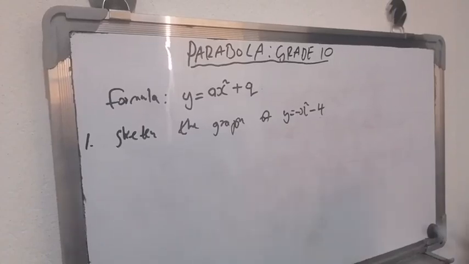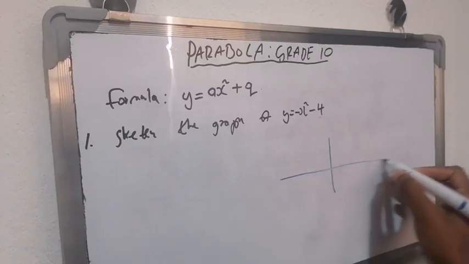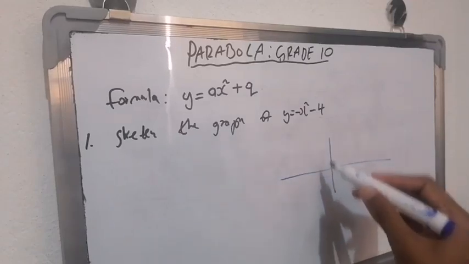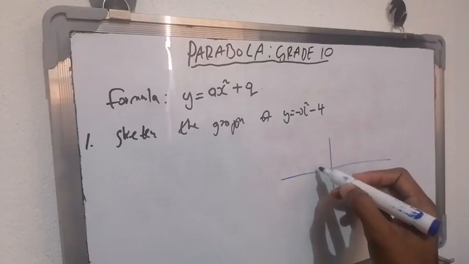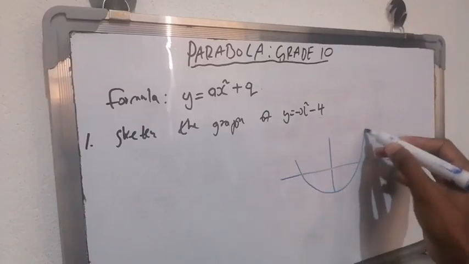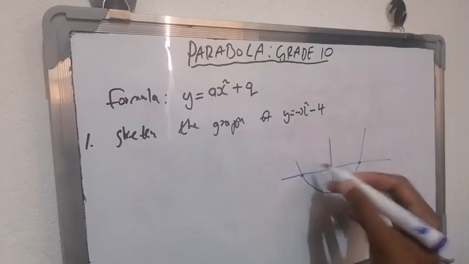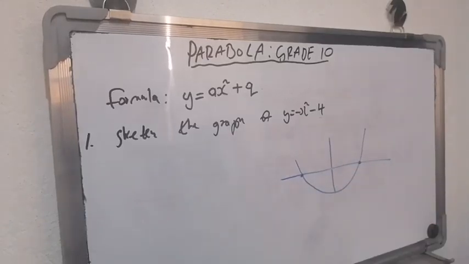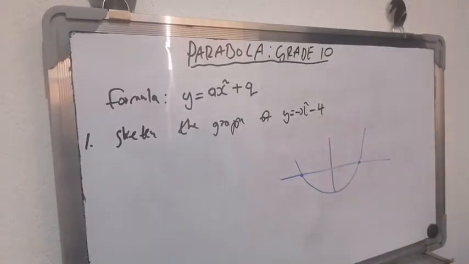If I'm going to draw a graph here, it simply means I need to know where the graph will touch on the line of the x-axis, and I need to know where the graph will touch on the y-axis.